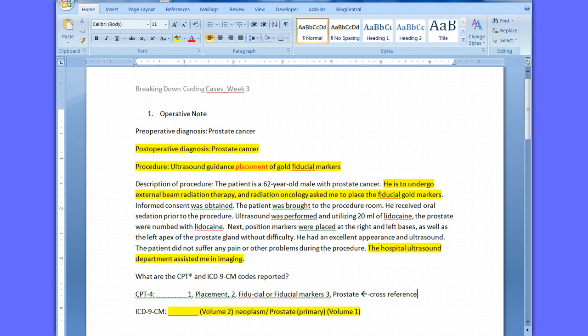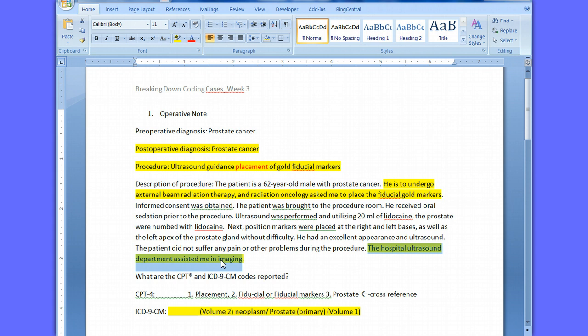But the reason, and this brings me back to here, the reason I highlighted the hospital ultrasound department assisted in the imaging is because the provider is only doing a portion of the service. He's not even actually doing the ultrasound guidance. So the equipment, the imaging, the guidance, all of that is going to be billed by the hospital.